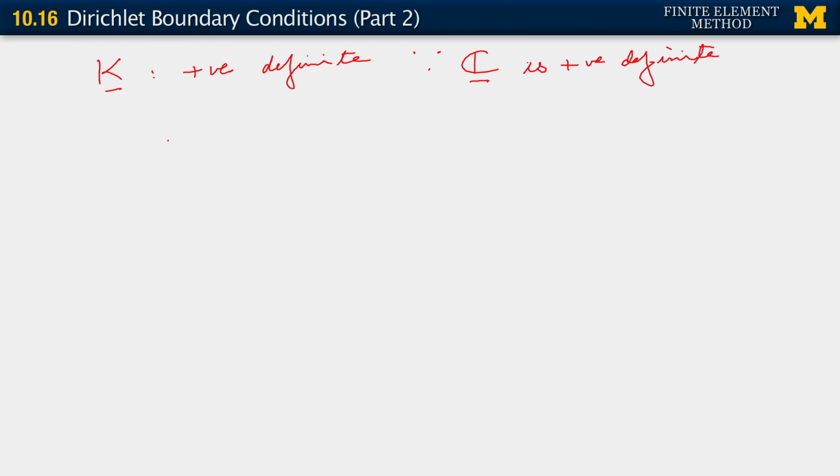So K is positive definite since C is positive definite, and if the Dirichlet boundary conditions eliminate rigid body modes.